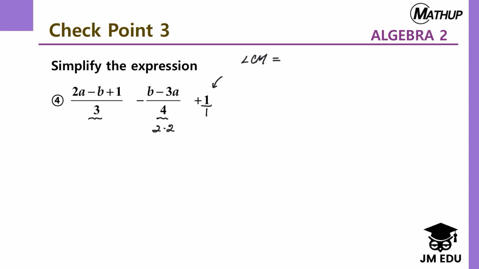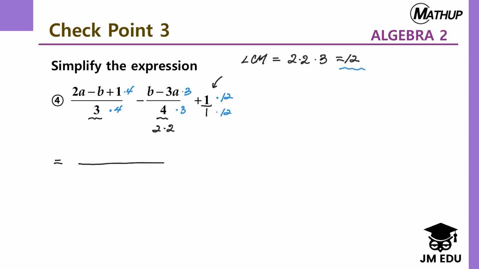So we must have at least two 2's and one 3. So that's going to be 12, right? So we're going to multiply by 4 here, 3 here, and 12 here, because our least common multiple is 12.